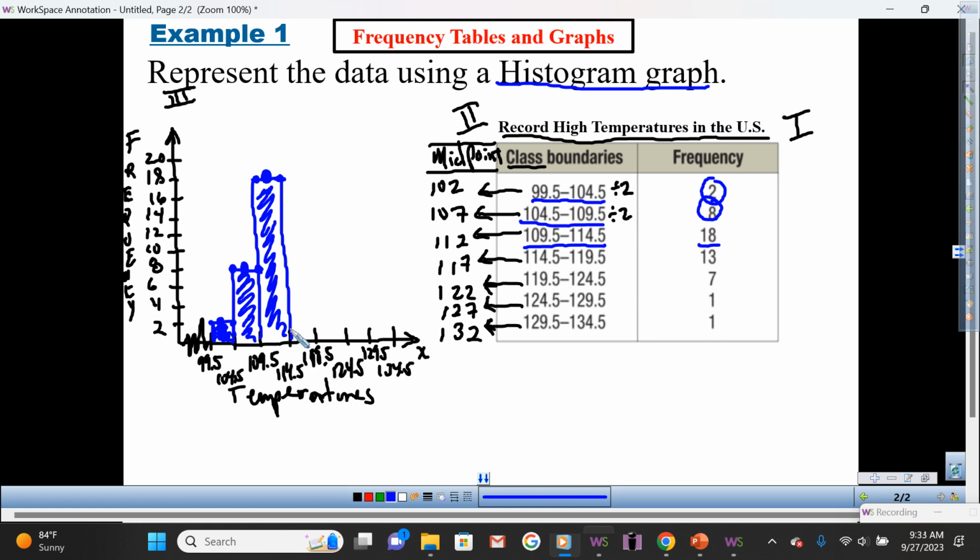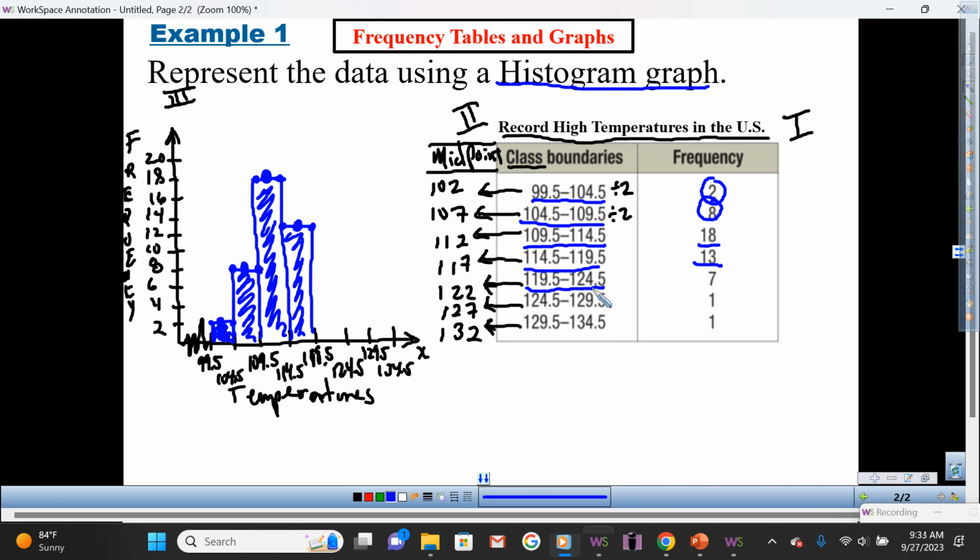See how it's forming now? Pretty straightforward? You're like, oh, I like these, Mr. Q. I know, right? 114 to 119, the frequency is 13. So 13 is between 12 and 14. So let me follow that. So it's about right here. Right there, and the midpoint is 117, which is about right there. Fill in your bar.